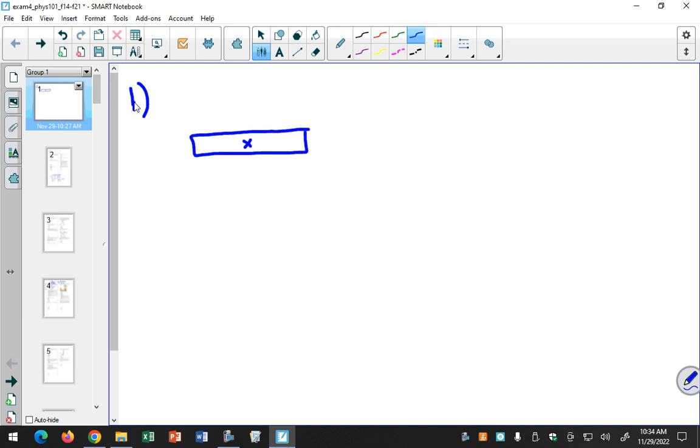If it were a bar, I would give you the length, 2 meters, and the mass, 3 kilograms, and then I give you a couple of forces. In this case, a force like this, where this angle is equal to 30 degrees, and the force is 4 newtons.